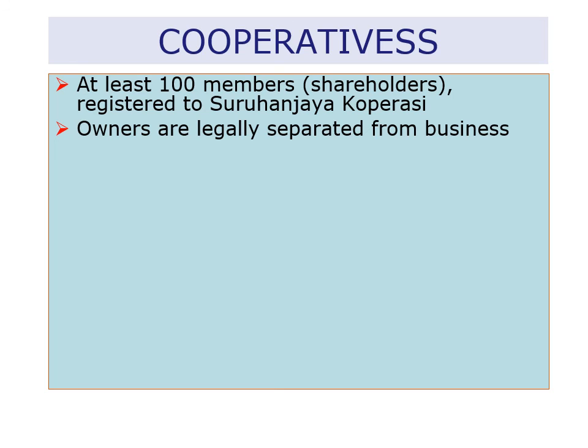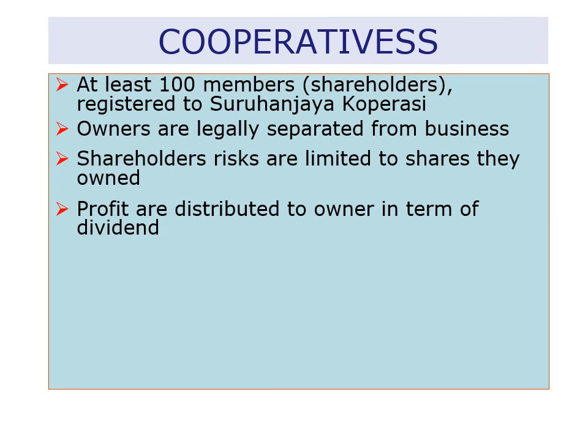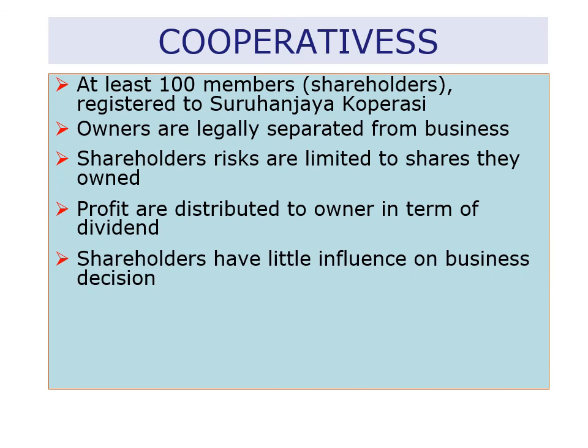Owners are legally separated from the business. However, there are many cases where the owners are liable for the risks of the business, and their shareholders' risks are limited to the shares they own, just like corporations, the companies, and the profit is distributed in terms of dividend.